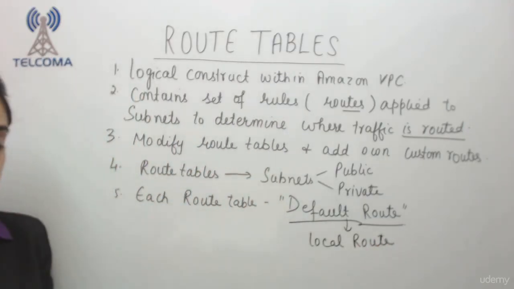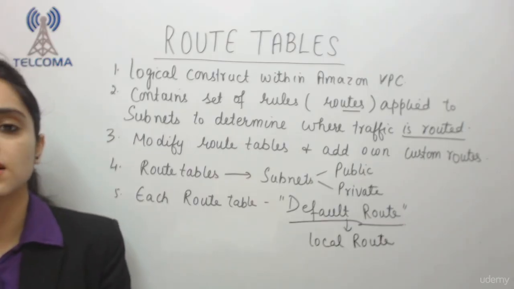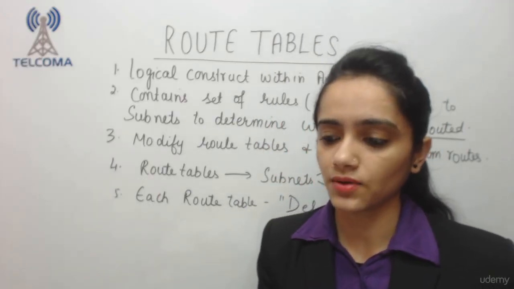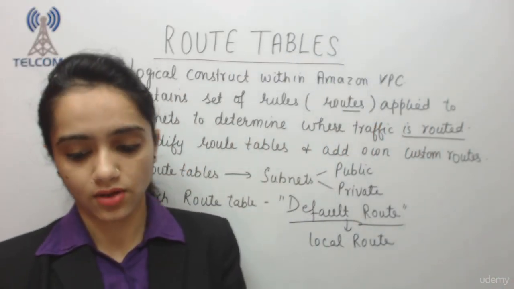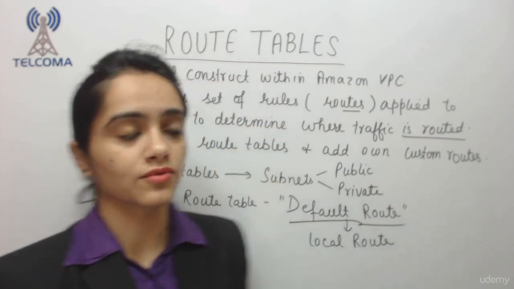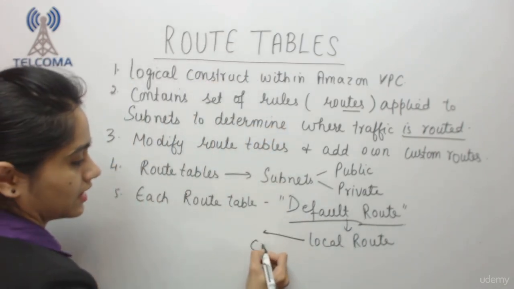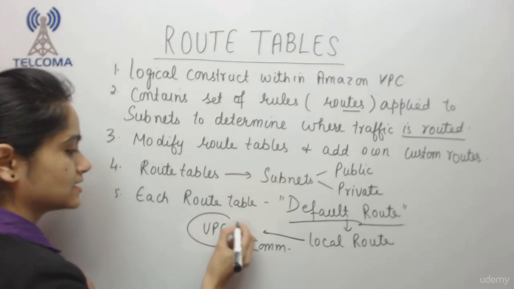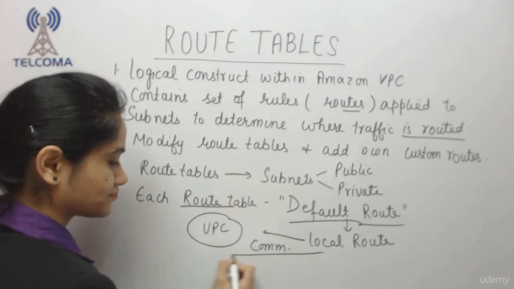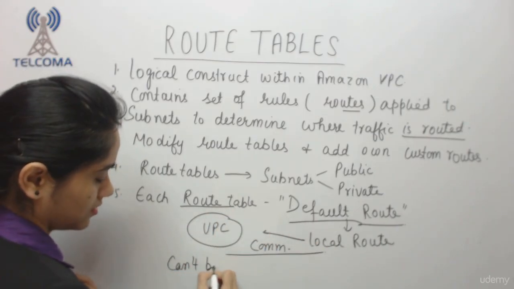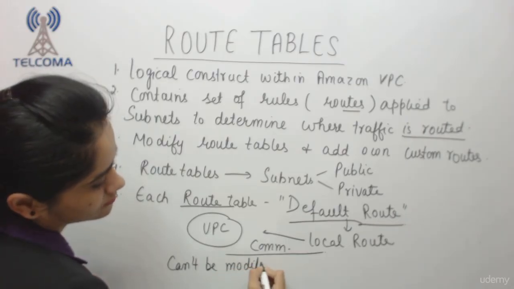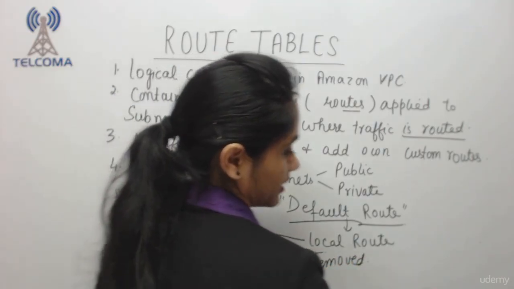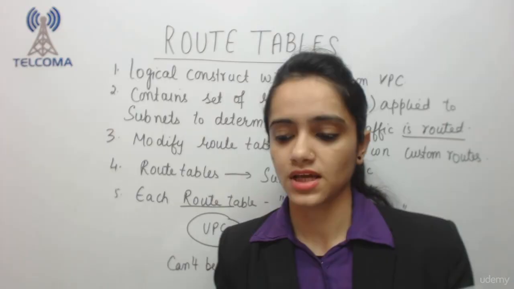That means each route table has a default local route, which enables communication within the virtual private cloud, and this route cannot be modified or removed. The local route is the default route and we cannot change it.